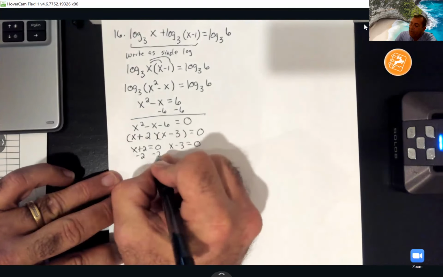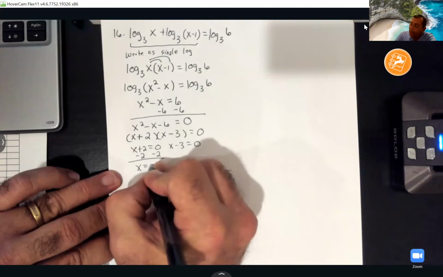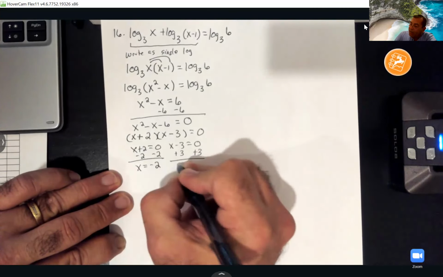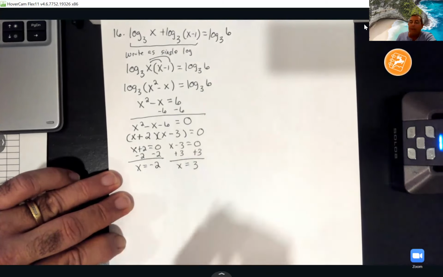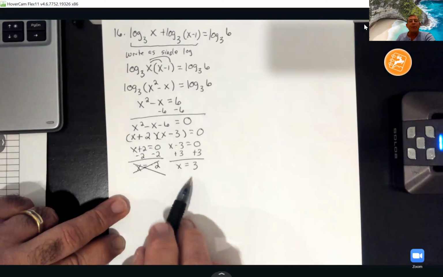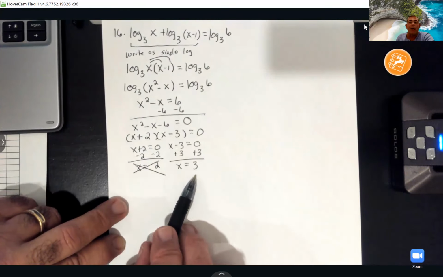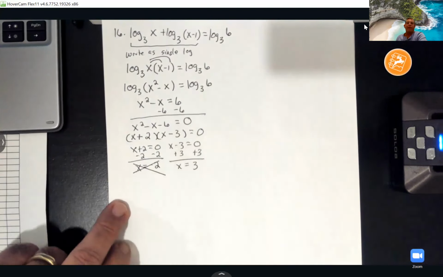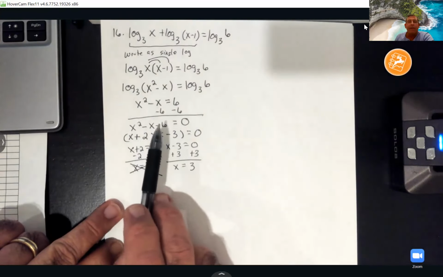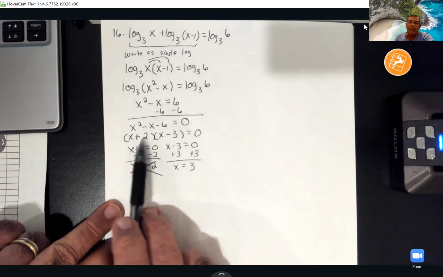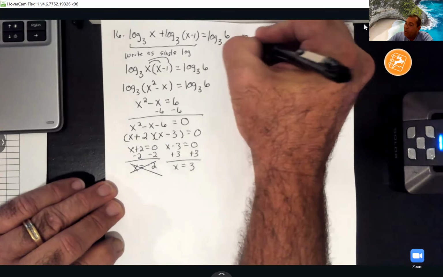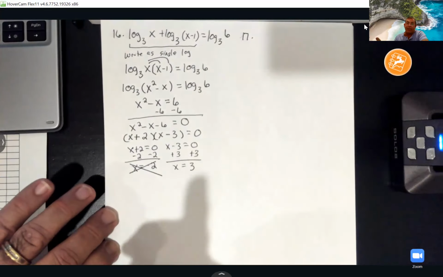Subtract 2 on your first one, and then add 3 on the second one. So my final answer is going to be x equals a positive 3. So any of these where you're factoring, every single one we've done has had unlike signs, okay? That way you can only get one of these two numbers to be your answers.